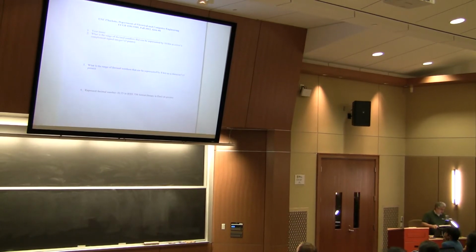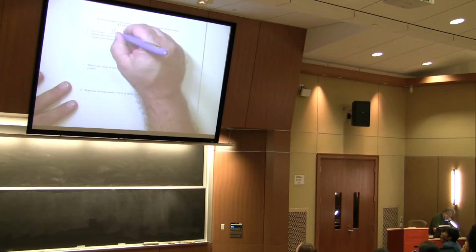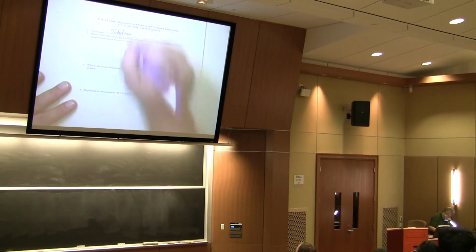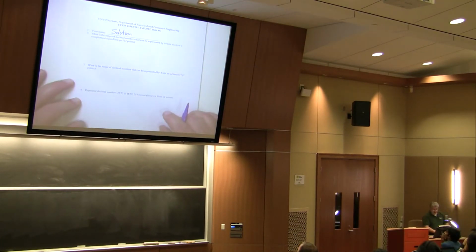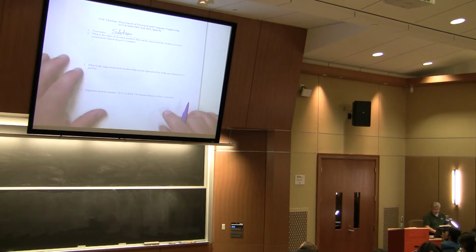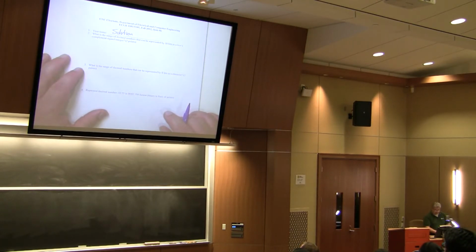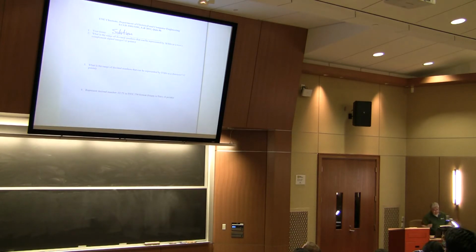No, unfortunately, your name is not worth any points. What is the range of decimal numbers that can be represented by 16 bits as a 2's complement signed integer? Basically a regular signed integer, 16 bits.